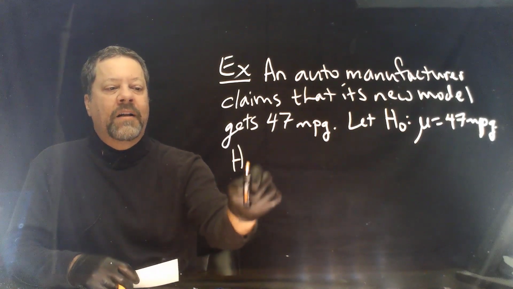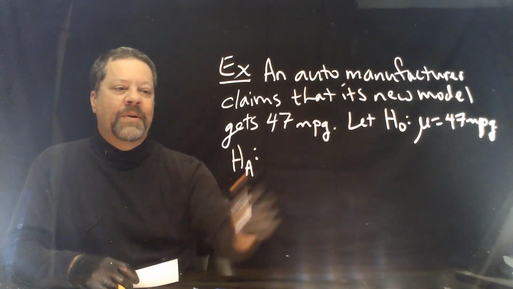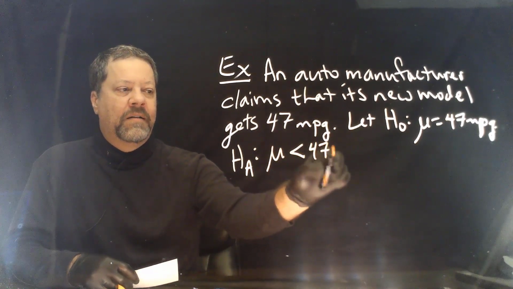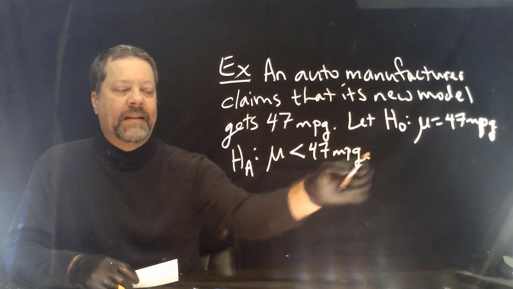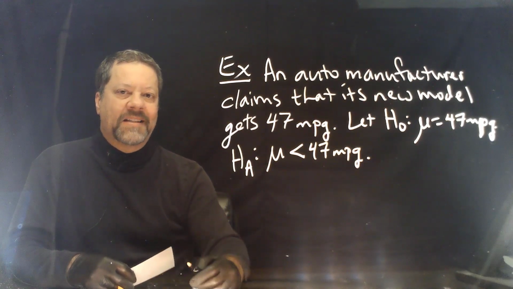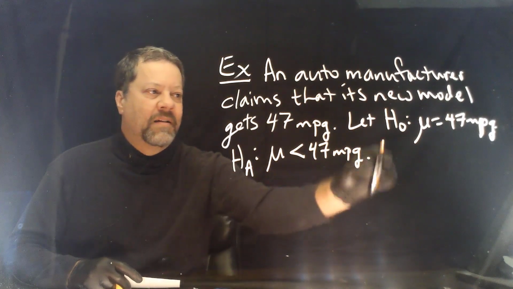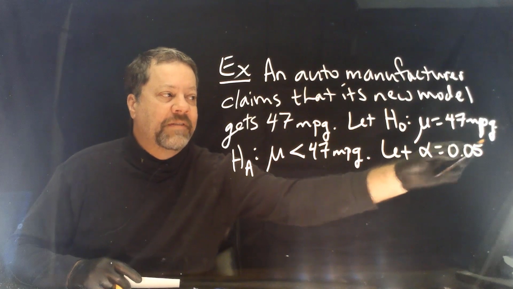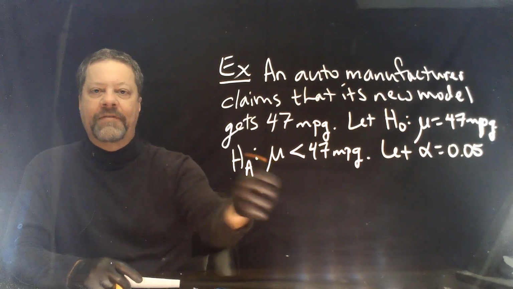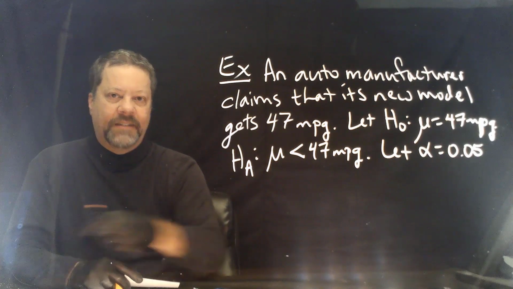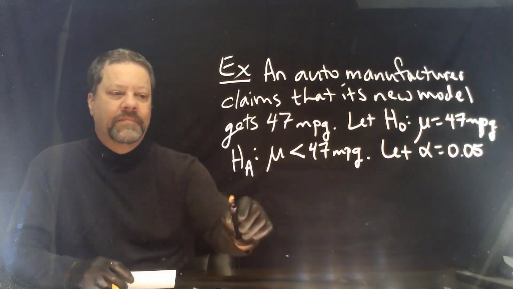For our alternative hypothesis, we'll suppose that the mean is in fact smaller than the 47 miles per gallon, that they kind of erred on the high side. We'll let our level of significance be 0.05, and this being a left-tailed test, we'll put 5% of the area in the left tail of our distribution.